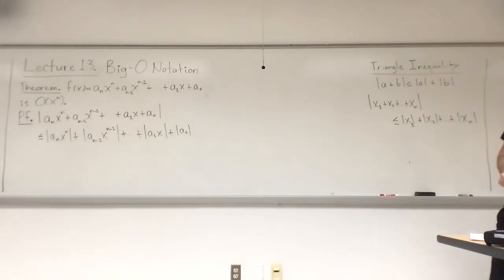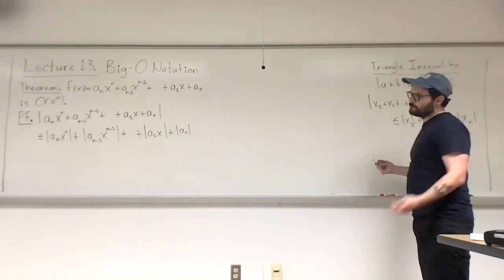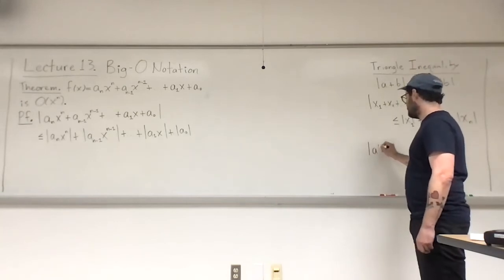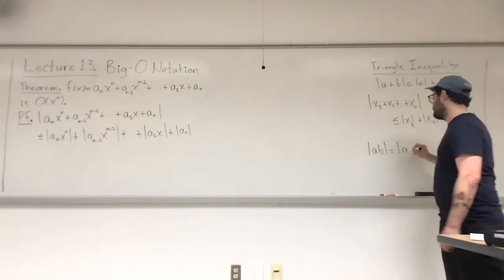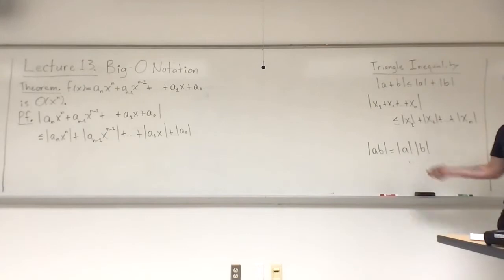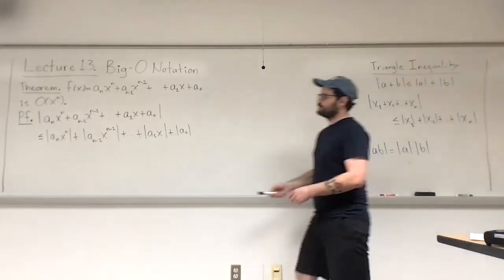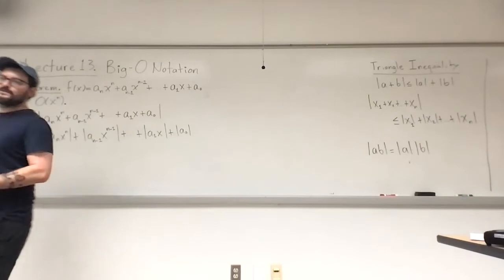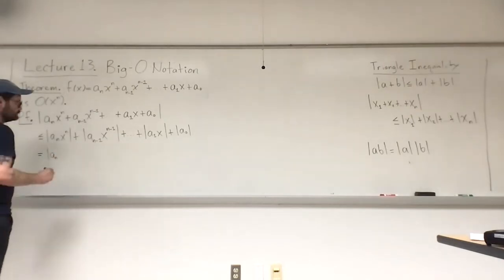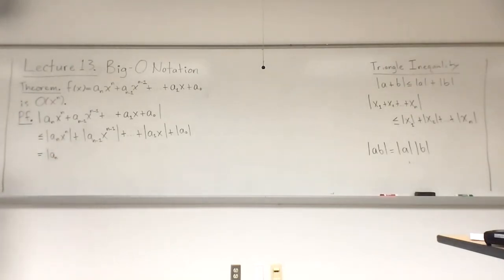Okay. Now, this is an inequality. A property of absolute values is this as well: absolute value of a times b is equal to the absolute value of a times the absolute value of b. That's just a property of the absolute values. So notice we have a bunch of products here, so we can rewrite that. So absolute value of an. And I'm going to drop the absolute values on the x, because I'm just going to assume that x is greater than or equal to 0.